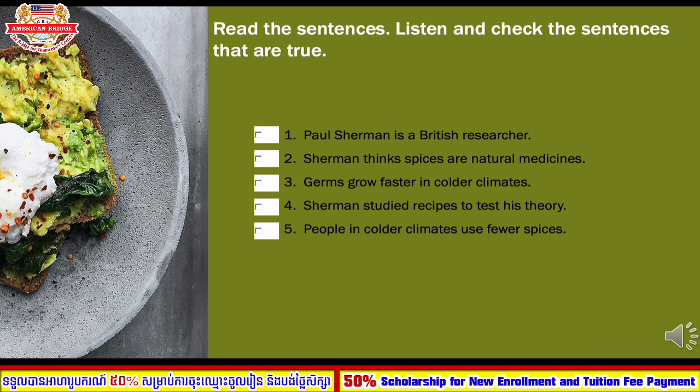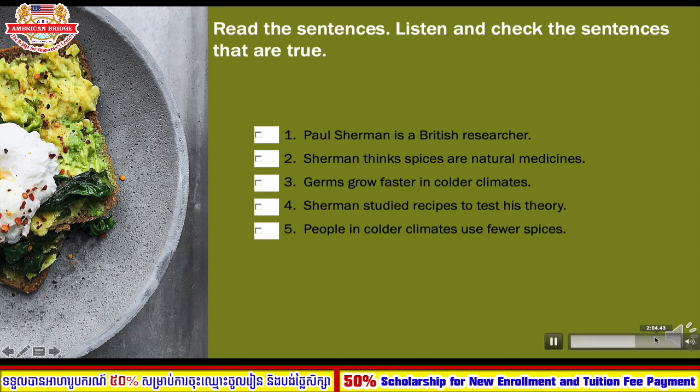These substances slow down the growth of bacteria and other germs, the same germs that are found in meat and make people sick. And here's the really important part: germs grow faster in warm climates. Over time, most people in warm climates became aware of this fact. They noticed that they weren't getting sick from meat that didn't have spices, and that meat with spices didn't make them sick as often.